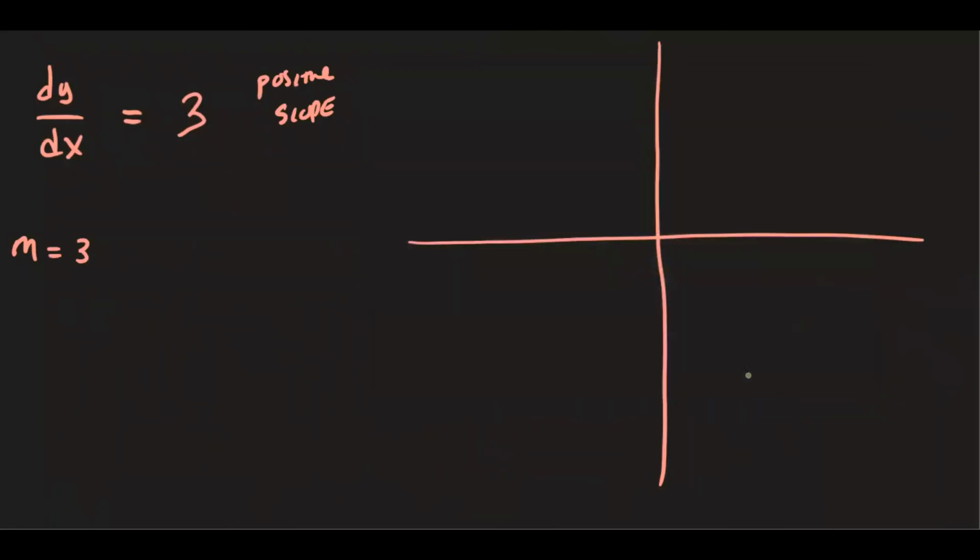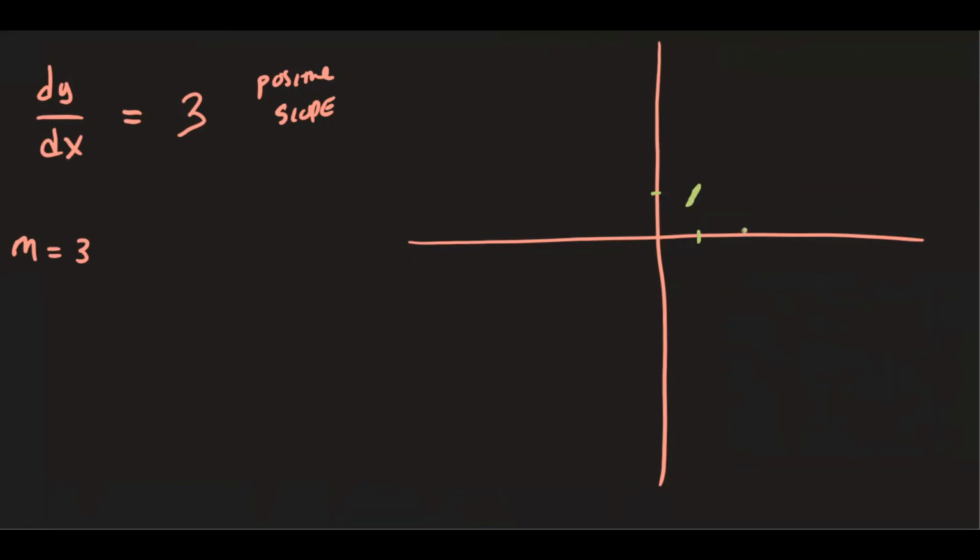Say I'm looking at the point 1, 1. When x is 1, y is 1, what is my slope? My slope is 3, meaning it's a positive slope. A positive slope we indicate by drawing this line, a steep-looking line. That's a positive slope.